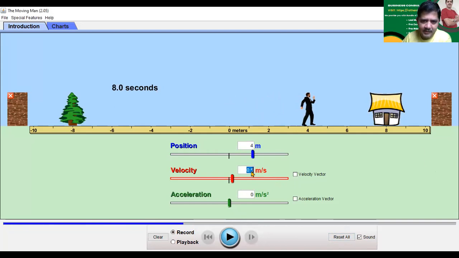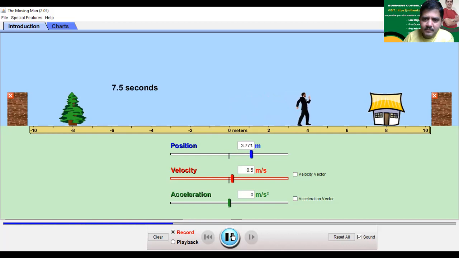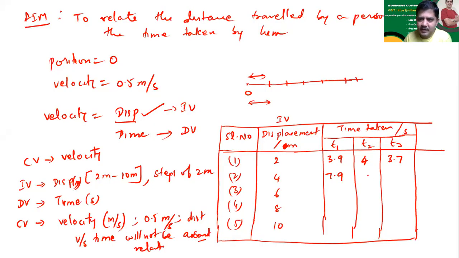I'll remind this. Going back and forth, switching will take some time. 0.5. Remember this, we have done it for 8. The next one is 7.9. This is 8, this is 7.9.